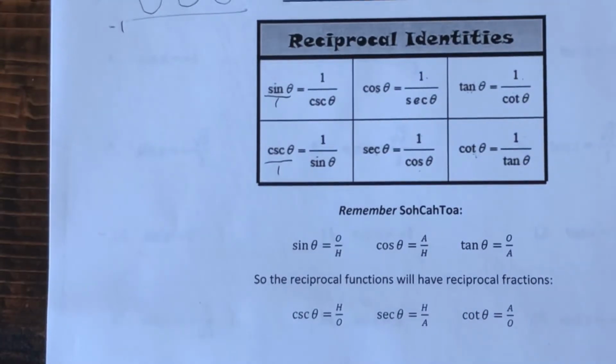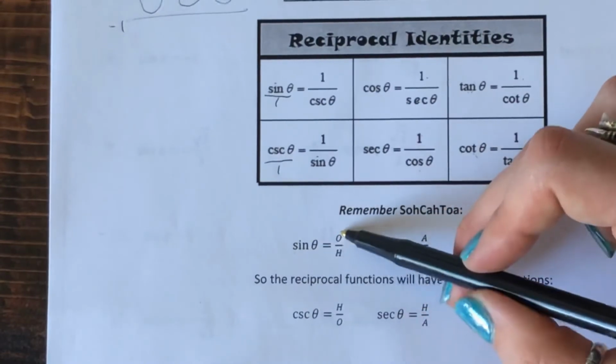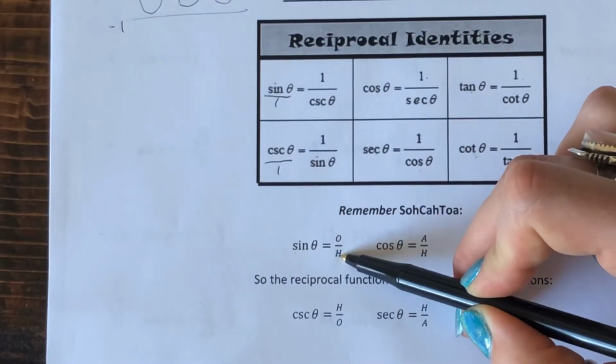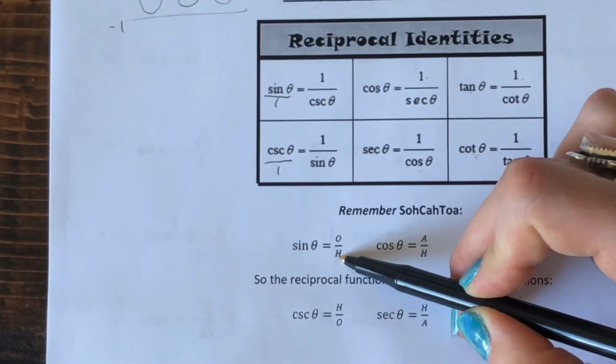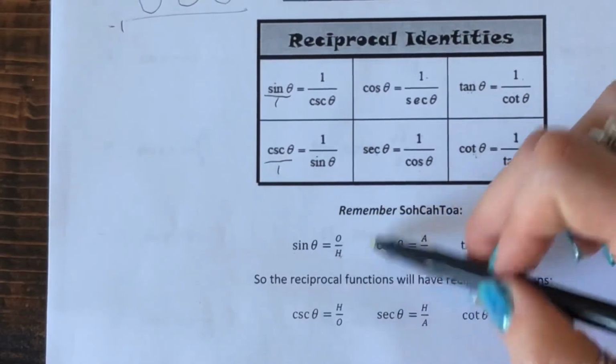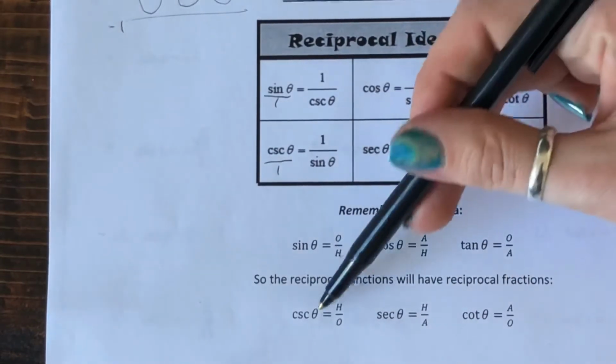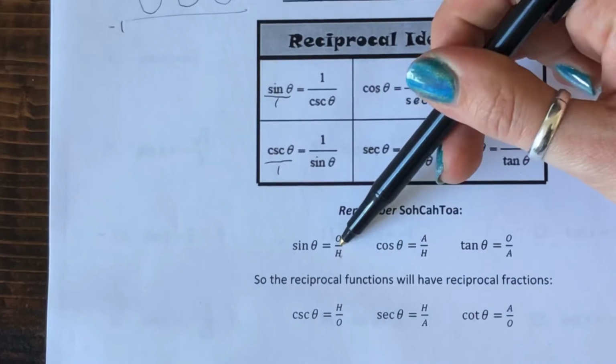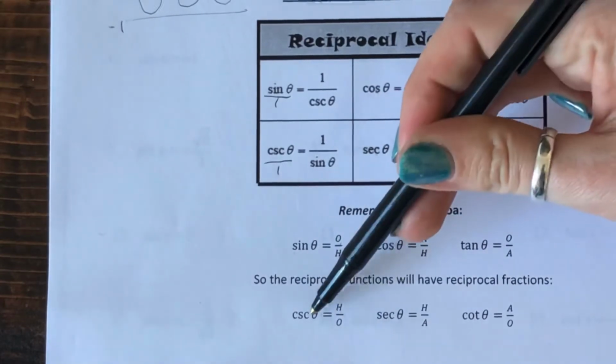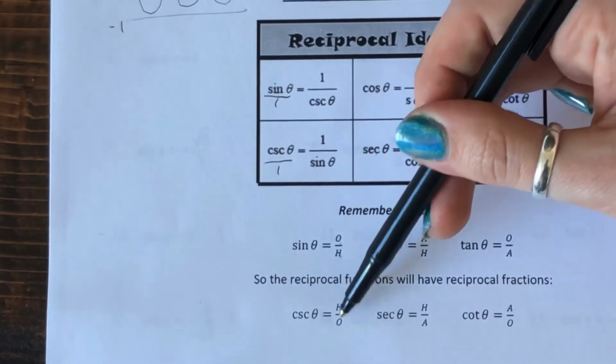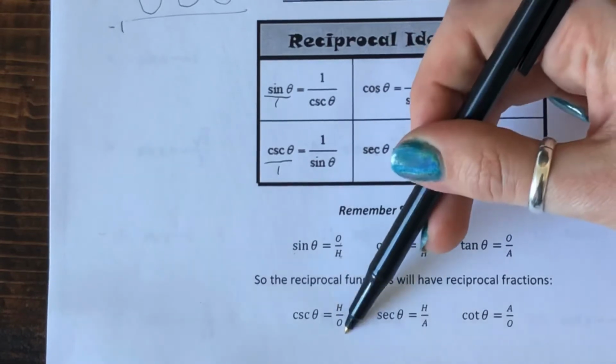So this also applies to your SOHCAHTOA values. Remember, sine equals opposite over hypotenuse. So if I wanted the reciprocal function, cosecant, I would just take this fraction and flip it upside down. So cosecant will be the same as h over o, or hypotenuse over opposite.